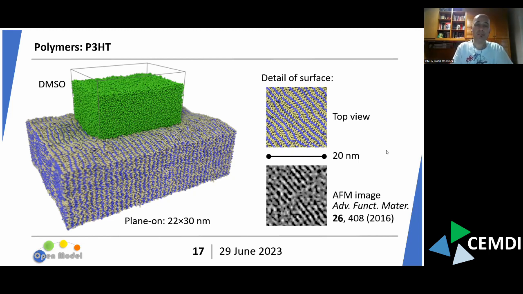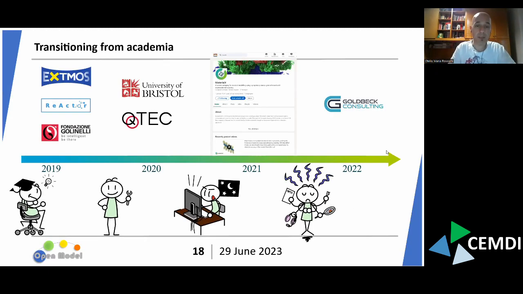So that's basically what I've been doing in academia. And this is a description of what happened next. Up to 2019, I was doing this work in Bologna, within the XMOS project. And then I received funding from two entities, Fondazione Golinelli in Bologna and the University of Bristol, UK.